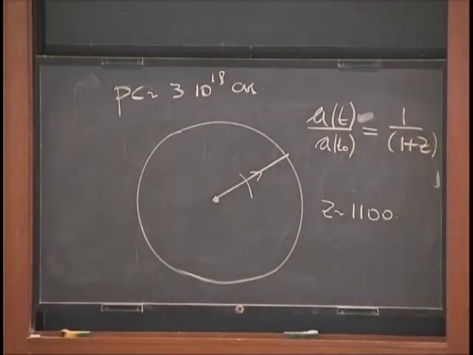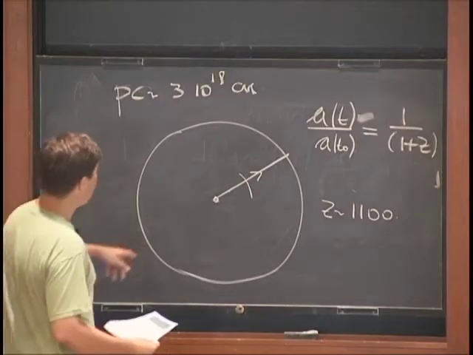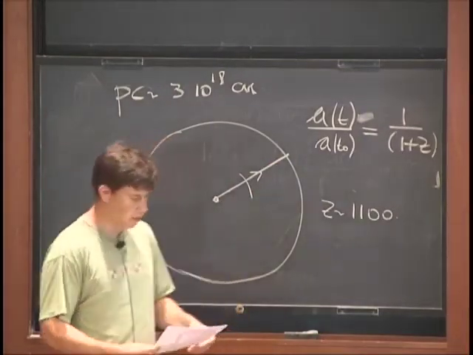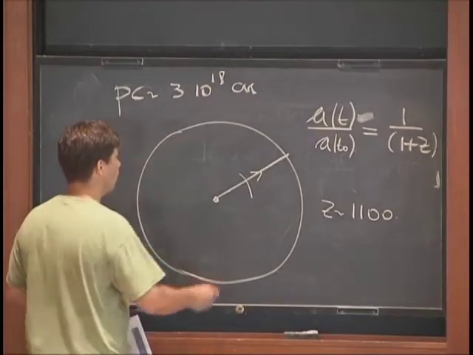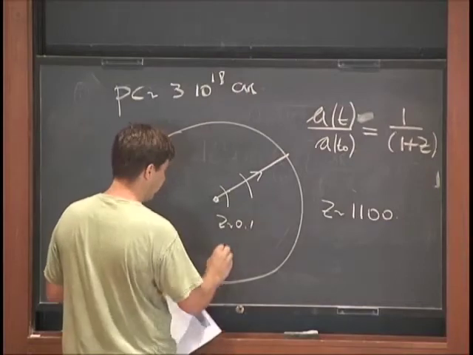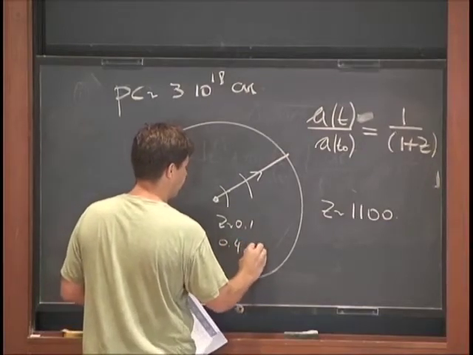If you go all the way back to the Big Bang, this distance is around 14 gigaparsecs. But at z of 0.1, you're only going roughly a fourth of a gigaparsec.